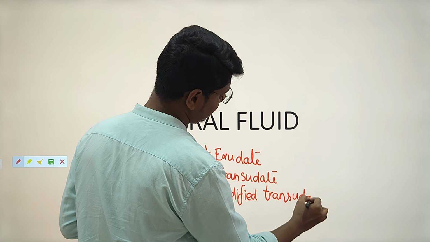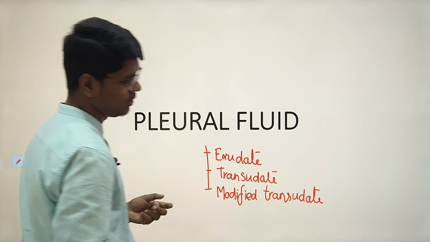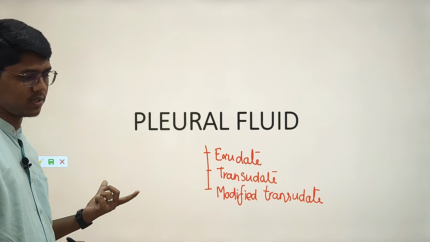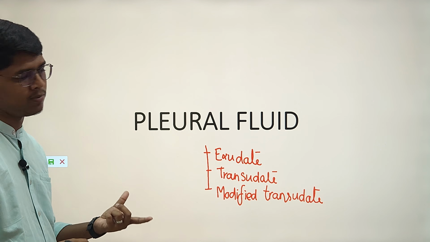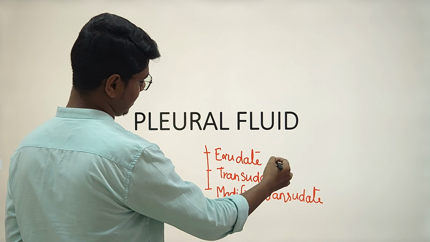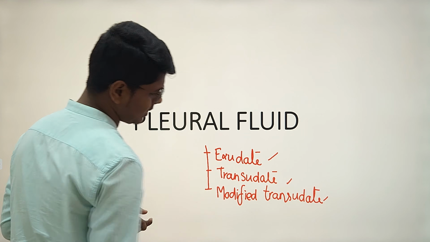Okay, radiographically you cannot differentiate between the three, you can only identify the fluid. So for evaluation you have to do thoracocentesis, then after lab evaluation you can tell whether it is an exudate, transudate or modified transudate.